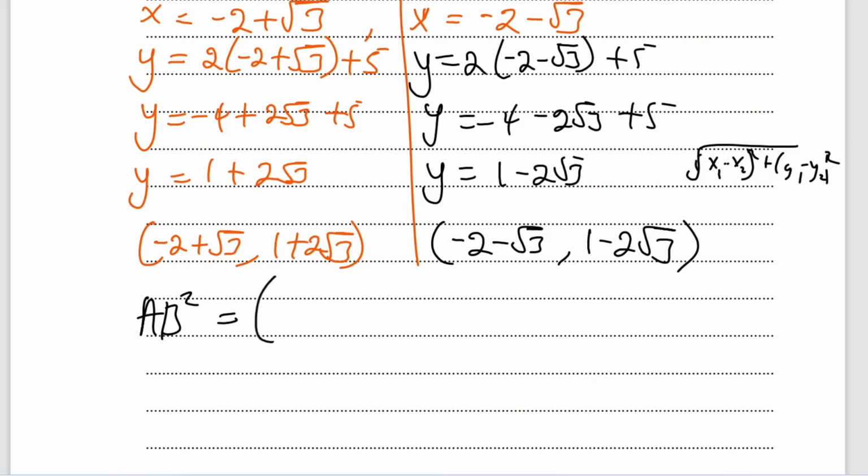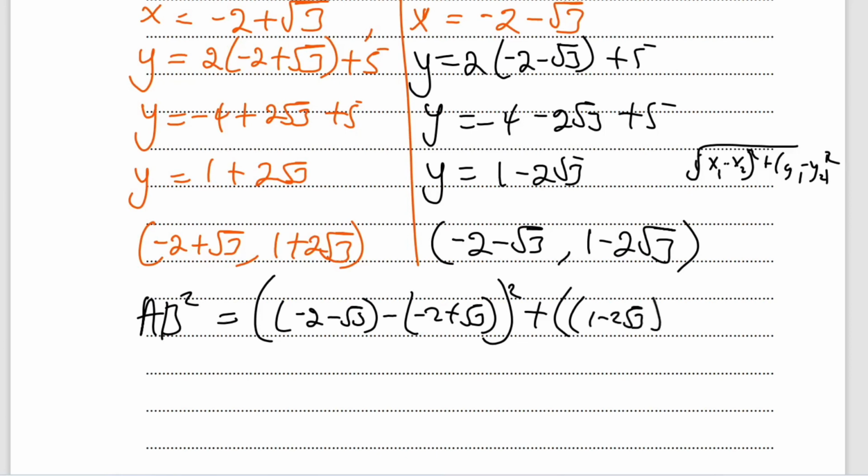So I have negative 2 minus root 3 minus my negative 2 plus root 3 all squared, plus my change in y, which is 1 minus 2 root 3, and then I have 1 plus 2 root 3 all squared.